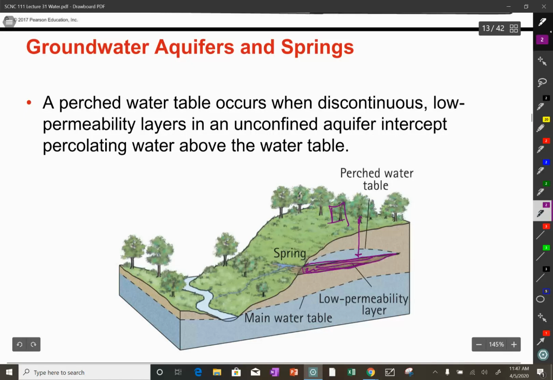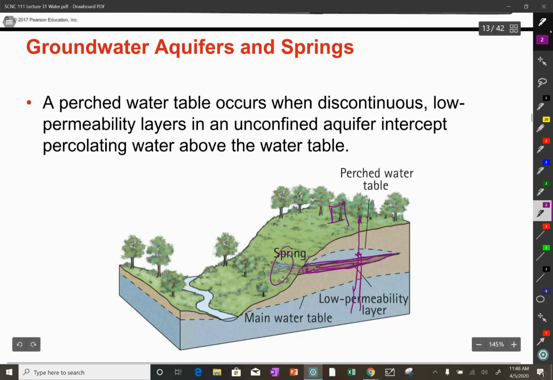So what would happen if you put your well into that perched water table? You pump it out, and what do you have? No water anymore. That would be a bad situation if you drilled down and stopped here. You would need to keep going down into the main water table so that you have a replenishable water supply.